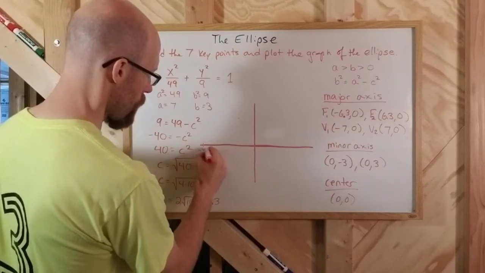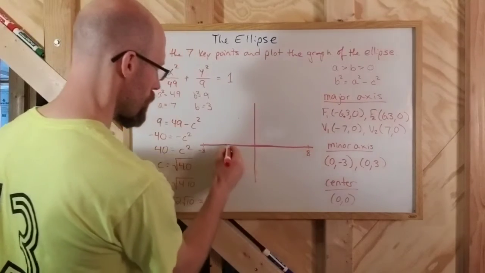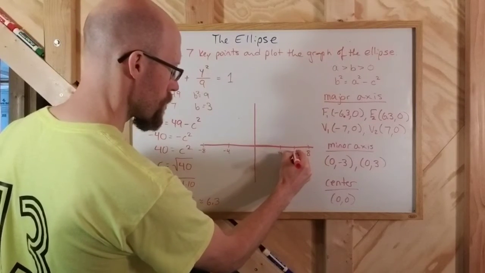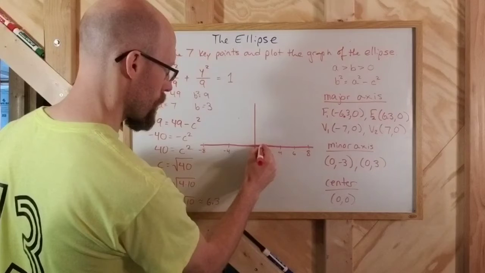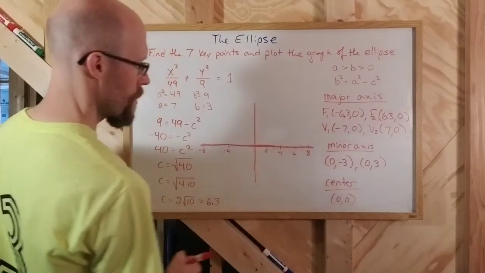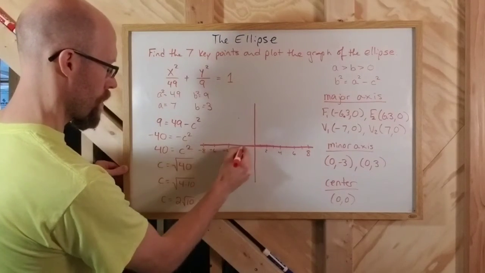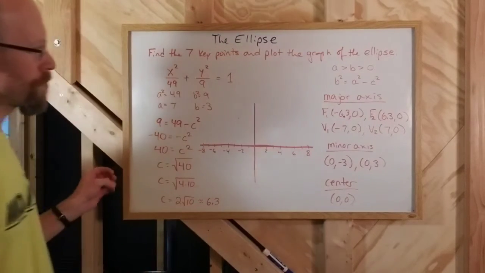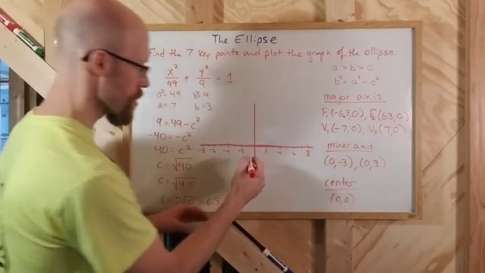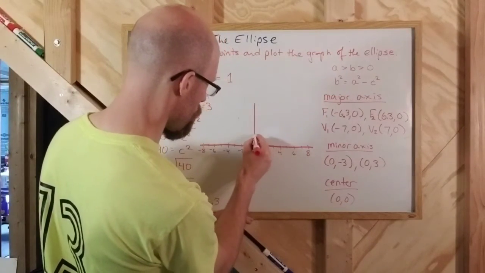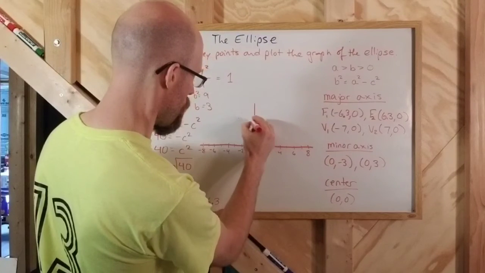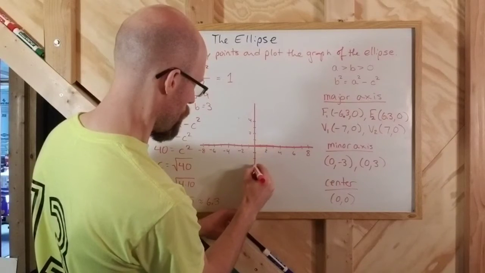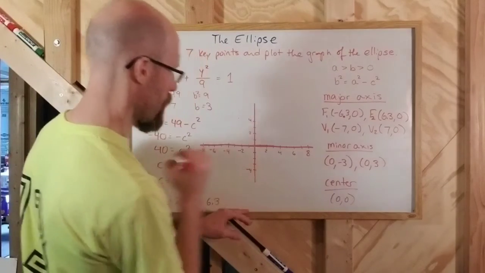So maybe we'll go to -8 and +8, and then I'll try to keep my scale relatively consistent by cutting these things in half. There, that's a pretty good scale. And then vertically we'll take a similar distance, 1, 2, 3, 4, and 1, 2, 3, 4. That should be fairly good.